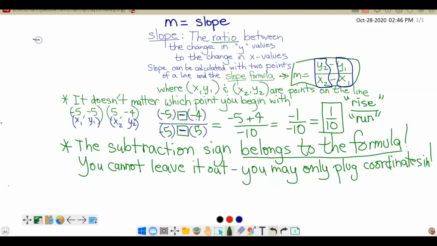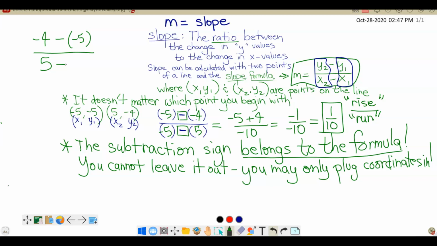So I've got -4 minus, remember the minus stays with it, a -5. And I'm going to put that over, since I started with y2, I must start with x2. So let's write a 5 minus a -5.